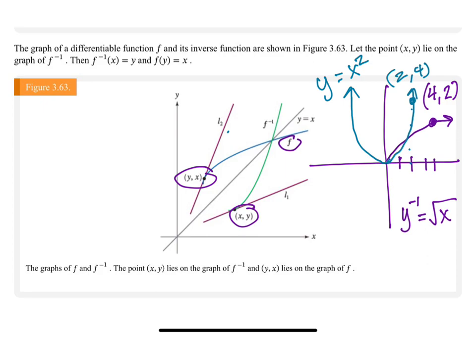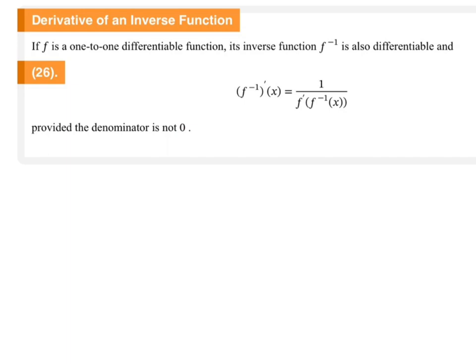So write this down. This is our equation. The derivative of the inverse function, so this is f inverse prime of x, is going to be the reciprocal, so 1 over the derivative of the inverse of x.